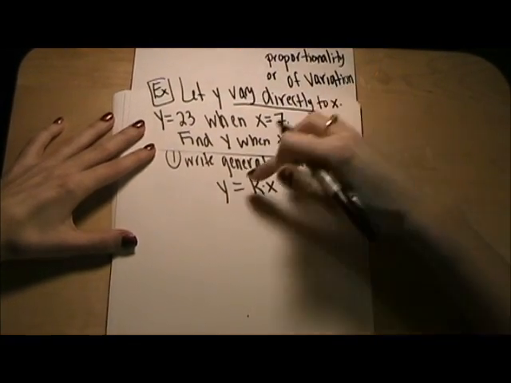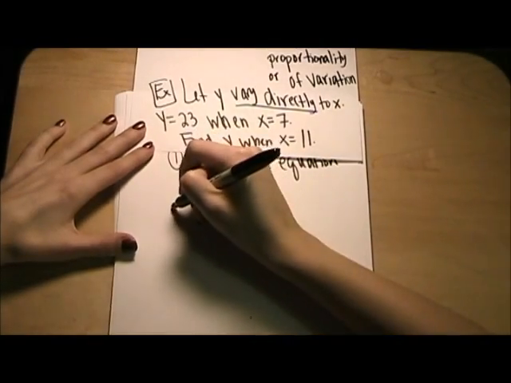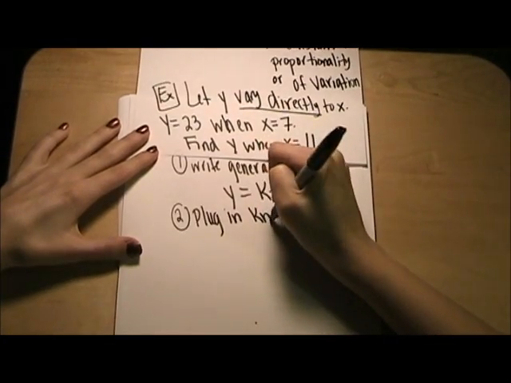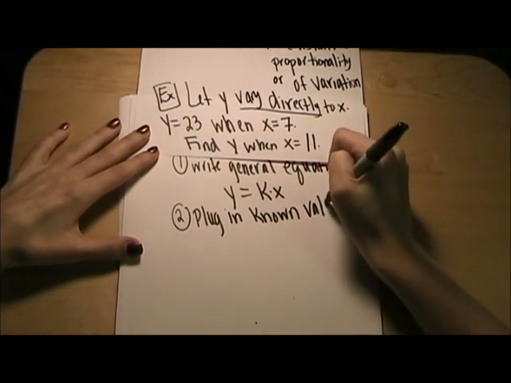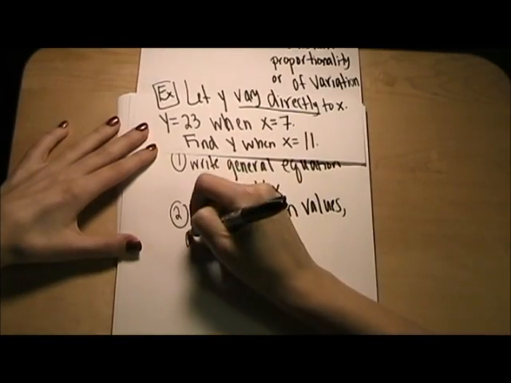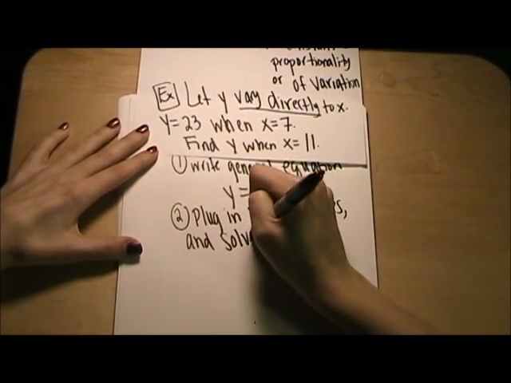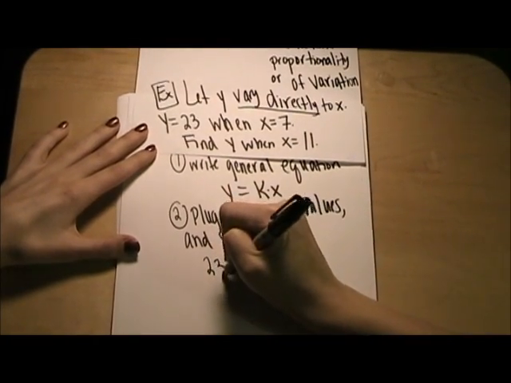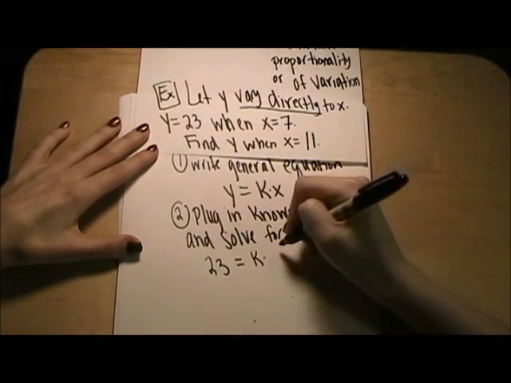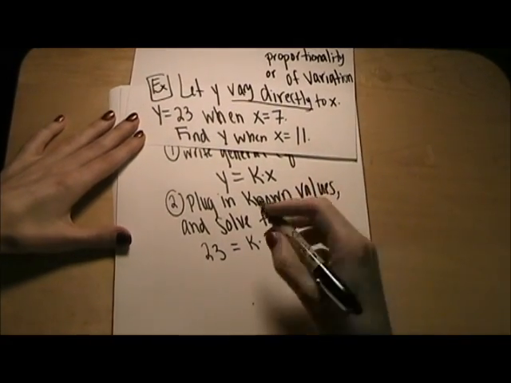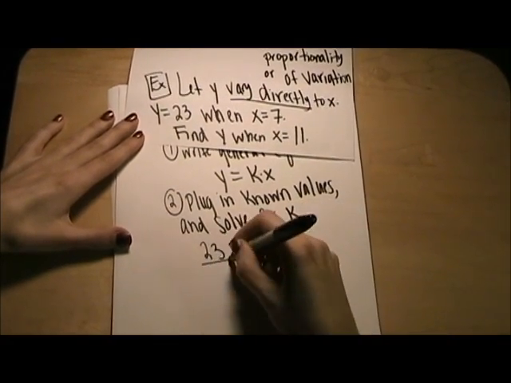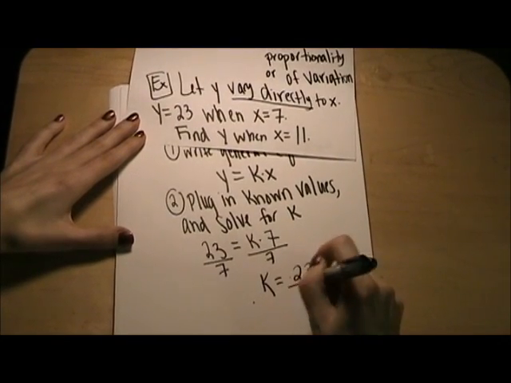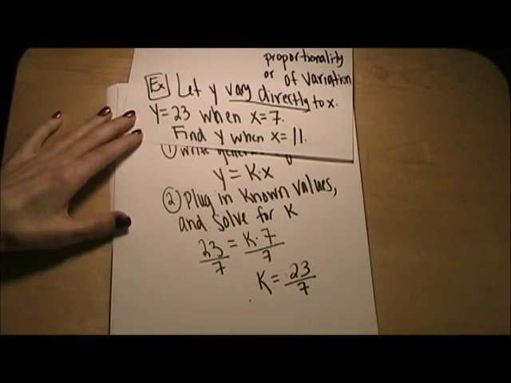Those are our key words that we're using, y equals kx. 2, we're going to plug in known values and solve for k. So y equals 23 equals k times x equals 7. Multiplication, so we're going to divide both sides by 7. So we have k equals 23/7, and we can leave it like that for right now.